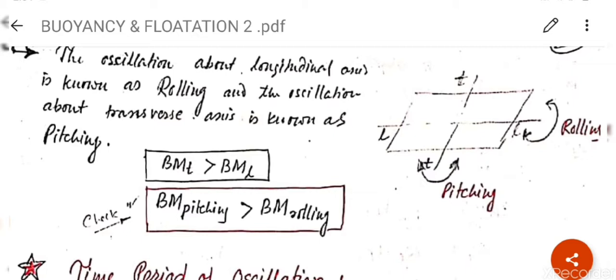So if it is oscillating about the longitudinal axis, this is known as rolling. I have mentioned it in the diagram. See the diagram, rolling and pitching. So BMT means BM in case of the transverse axis is greater than BM longitudinal. So BM pitching is greater than BM rolling.